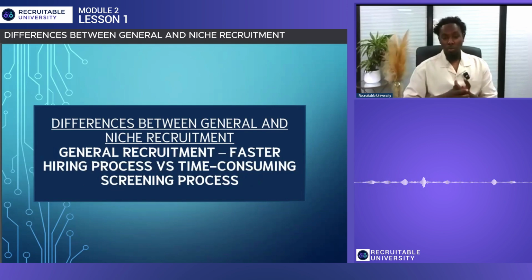And when it comes to general recruitment, you have a faster hiring process, so it's easier to hire, but you're spending a lot more time hiring these people because you're screening more candidates. You've got a lot of lack of talent, should I say, who are not matching the skills that your client is looking for.